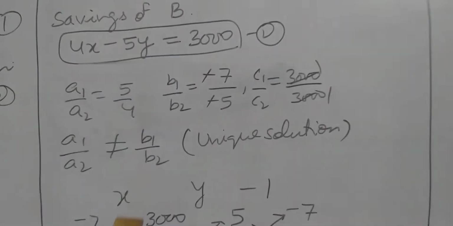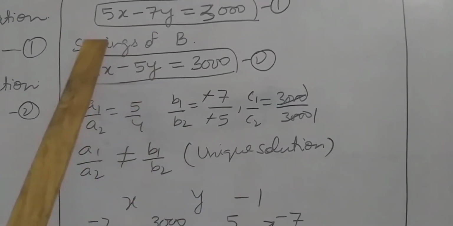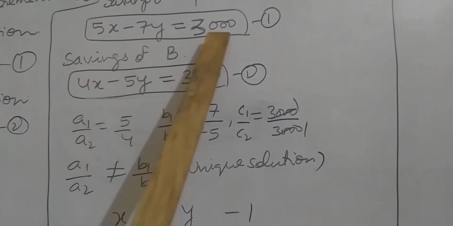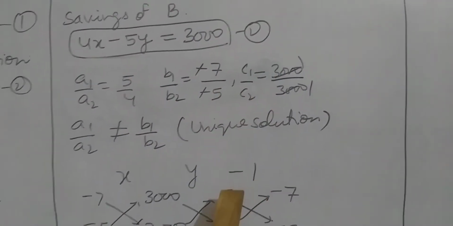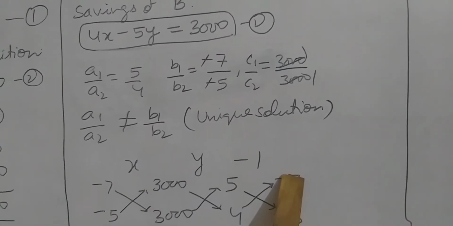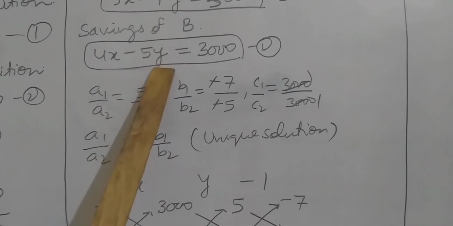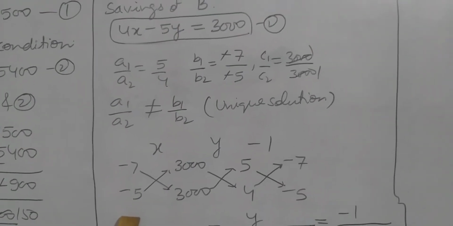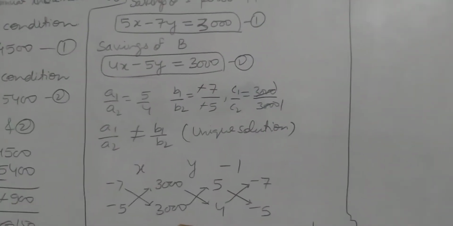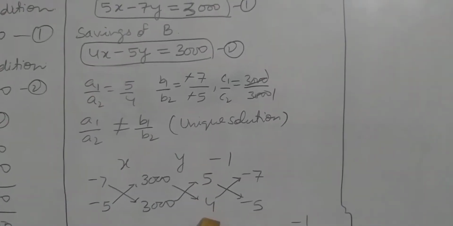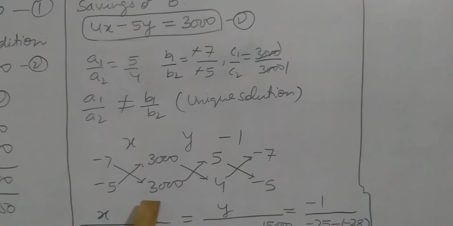To solve this, we have to write x, y, 1 with a minus sign. As I told you earlier, if the equation is in the form ax plus by equal to c, with c given after the equal sign, then we have to take minus 1 for the last term: x, y, minus 1. Now we write b c a b, with b the coefficient of y: minus 7, minus 5, 3000, 3000, 5, 4.